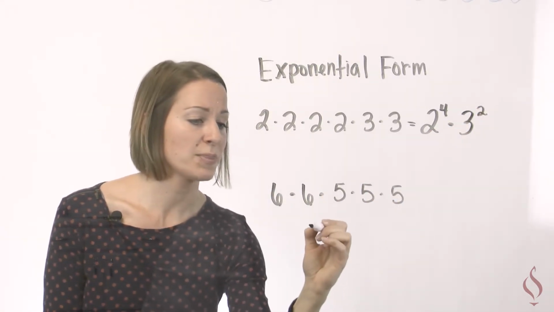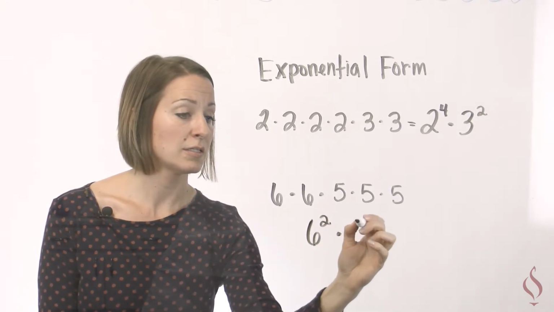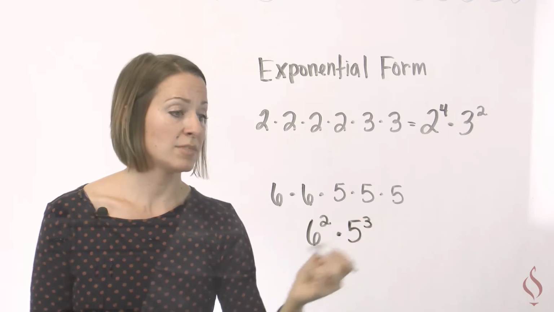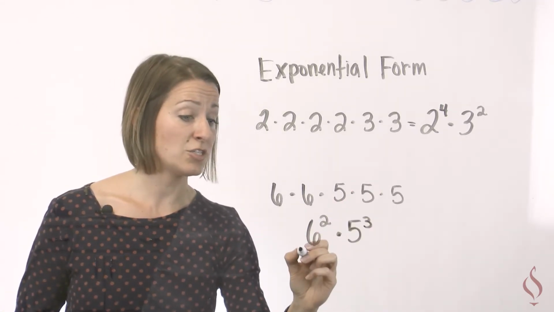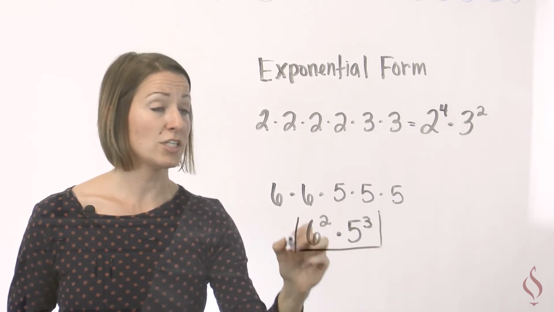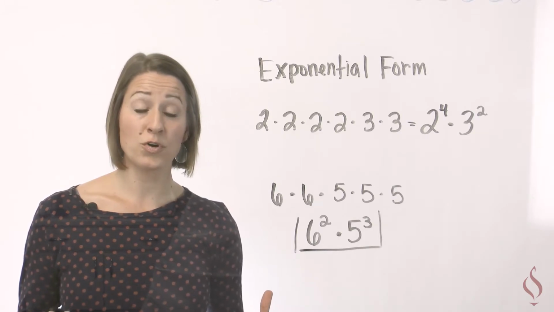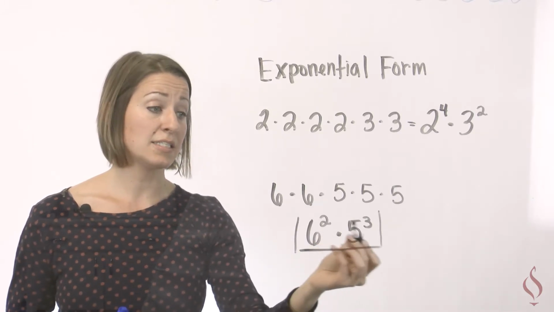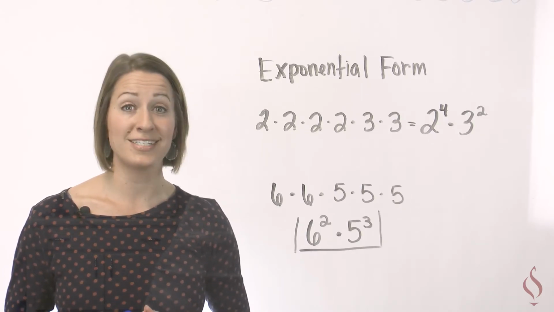Down here, this one should be 6 squared times 5 cubed. Now we're going to leave these as your answer, especially if the instructions say write these in exponential form. That means your answer needs to still have the exponent present.